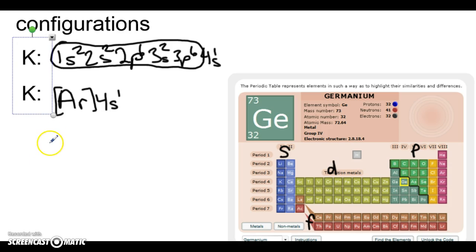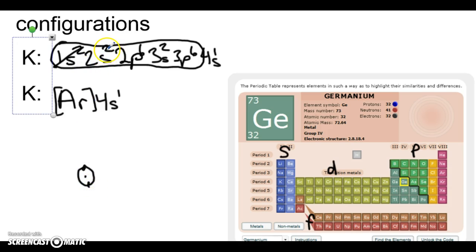So a few other things you need to know about electron configuration. You should be able to look at this and know there's a total of 4 shells. On the first shell, there are 2 electrons.